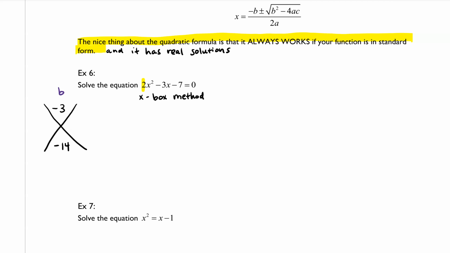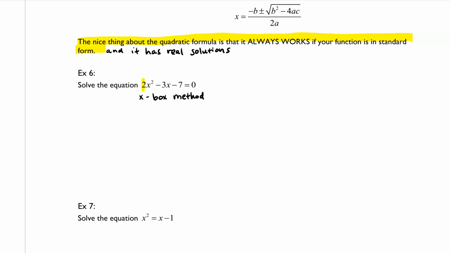Again, here we would put b, here we would put a times c, and we would want to find two numbers that add to b and multiply to a times c. Now, I don't know about you, but I cannot think of two whole numbers that add to -3 and multiply to -14, and that's because there are none if we're talking about whole numbers. Okay, so let's go ahead and erase that.